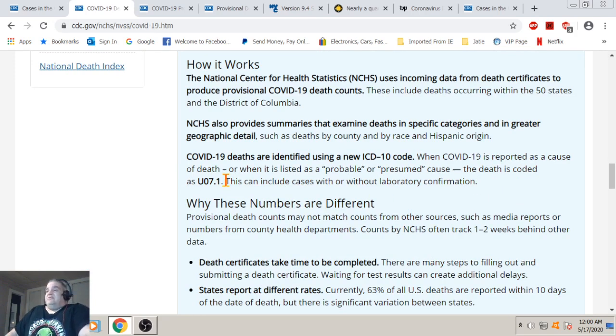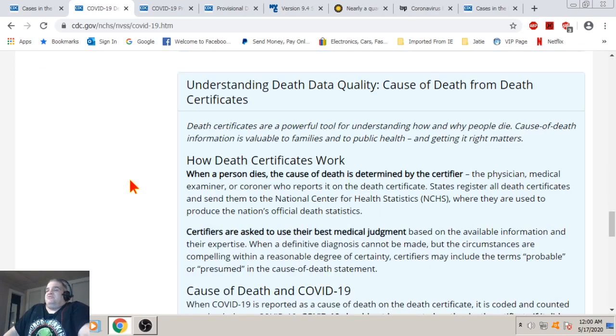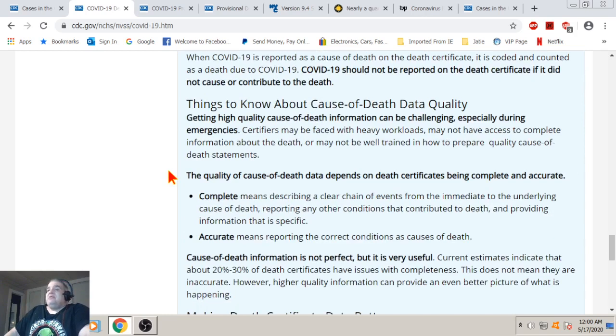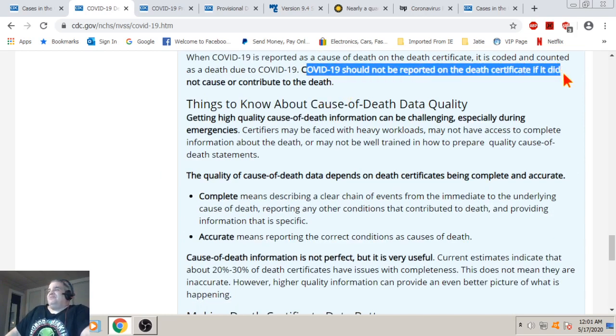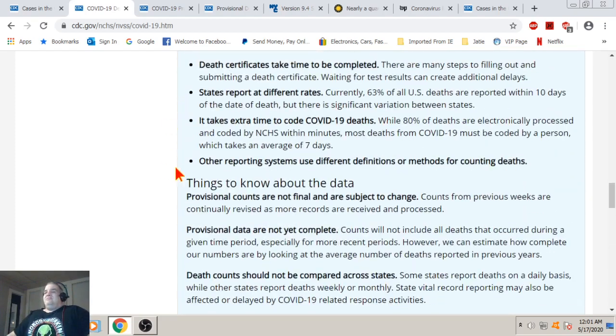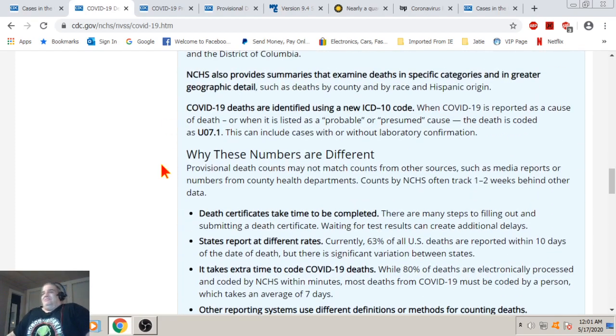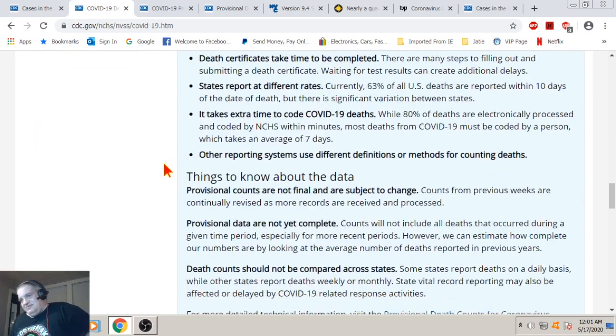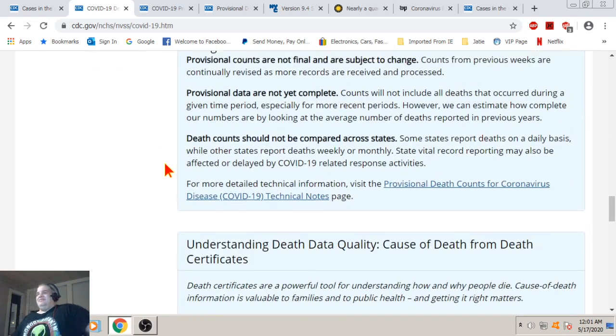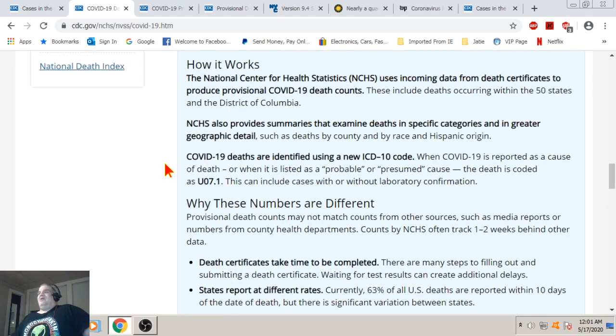It's sad that they are including cases without laboratory confirmation. I don't understand that logic, and then they come back down to here and say it should not be reported on the death certificate if it did not cause or contribute to death. Well, that's the sad thing. How do they know if it contributed to it or not? If they allow us to put down the cause of it, I mean, what's the word I'm looking for?